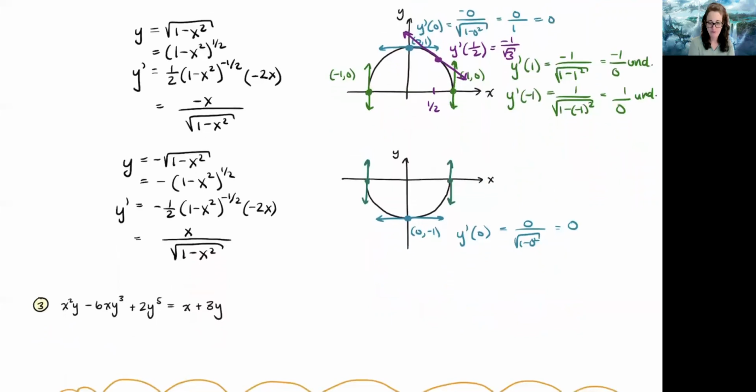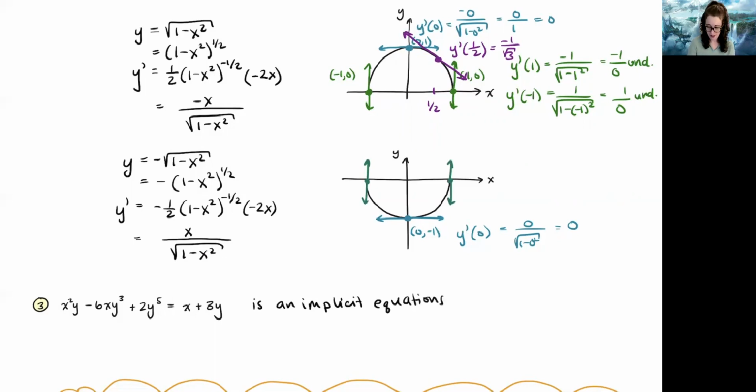Here's an equation, x squared y minus 6x cubed plus 2y to the 5th equals x plus 3y. This is for sure an implicit equation, right? There's no y equals with only stuff with x on the other side. Basically, the variables are not separated.